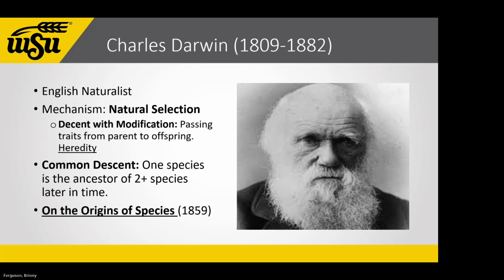Now, he did believe that humans evolved in a similar fashion from some kind of common ancestor that didn't necessarily look like we do today. But he didn't come right out and say that because it would have been very controversial at the time, and he was a little too afraid to be that bold. In a later book, he does mention it, but it's a fairly brief section.